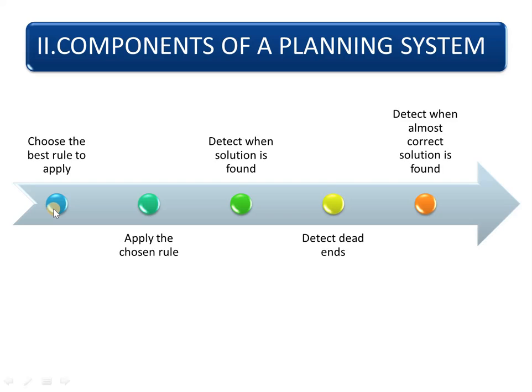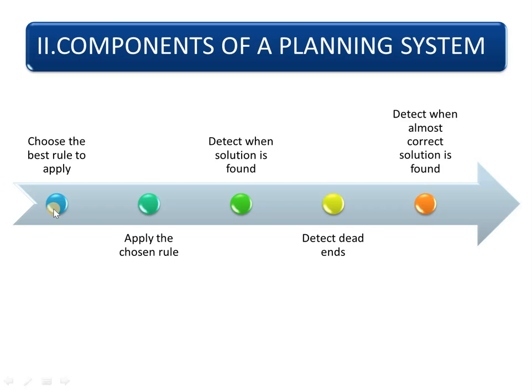So moving on to the first point, choose the best rule to apply. Consider the cases of AI problems. In every problem, for solving that problem, we will be given a set of rules. And from those set of rules, we have to pick the best rule to apply next, so that we will be easily led to the solution.